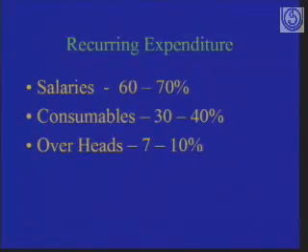Consumable takes care of around 30 to 40%, out of which medicines and drug items consume 50% of it. That means almost 1/5 of our total recurring expenditure in a hospital is spent on drugs and medicines. And third is your overheads, that means repair, maintenance, payment of the bills, payment of taxes, so all these things come under it.